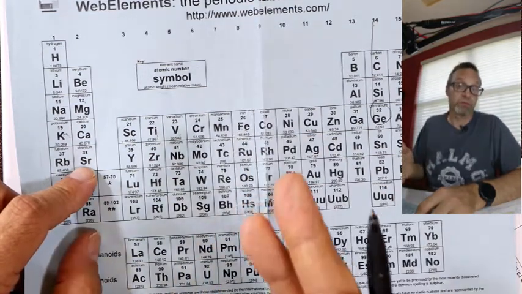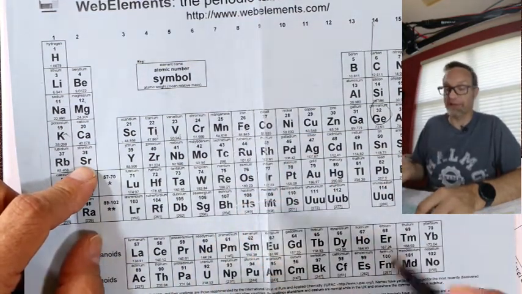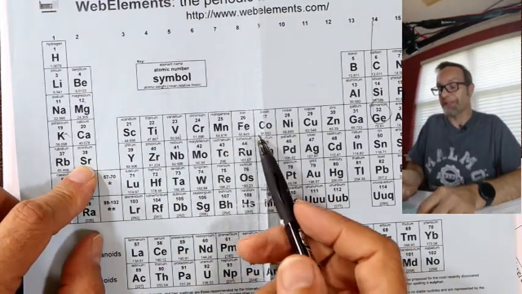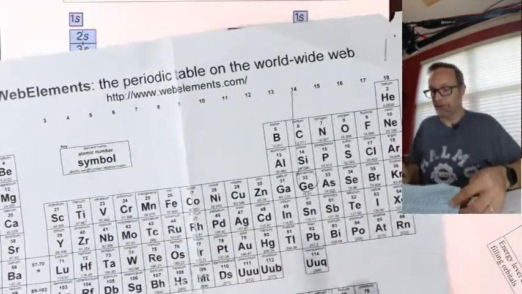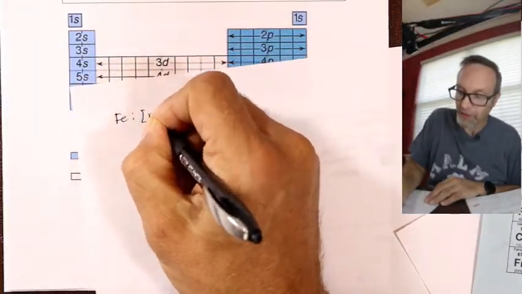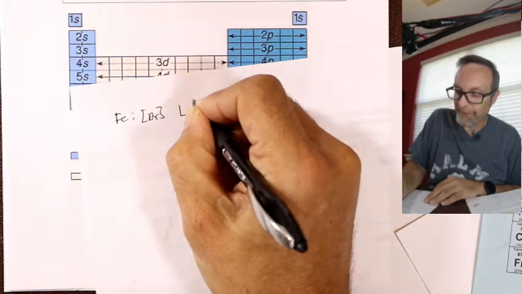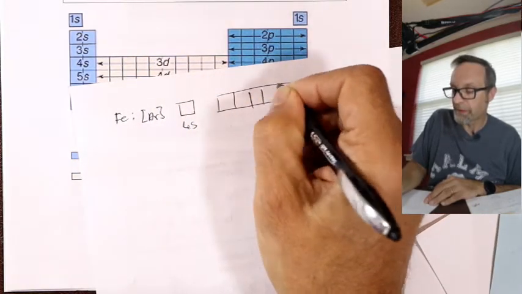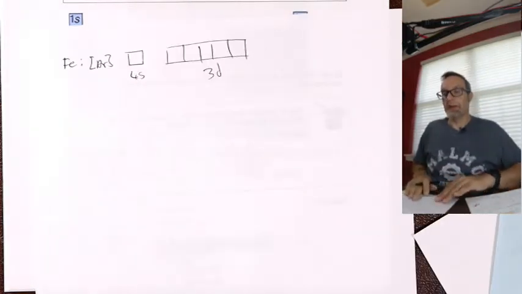So, for reasons we'll talk about in a second, it's got 6 d electrons. So it's going to terminate 4s2, 3d6. So what I'm going to do is do iron with argon, and then 4s, 3d. Watch what happens here.